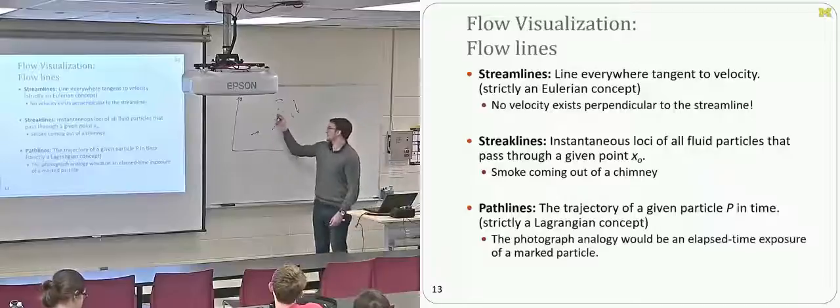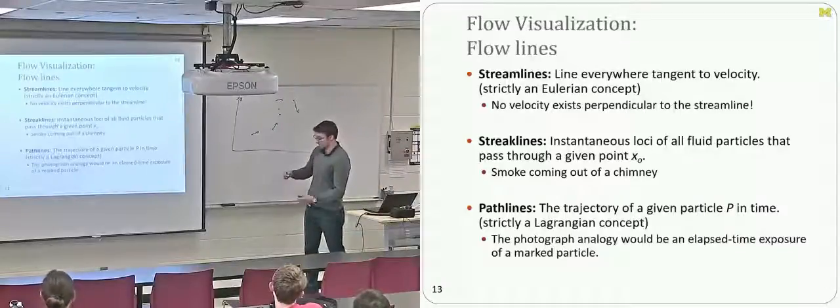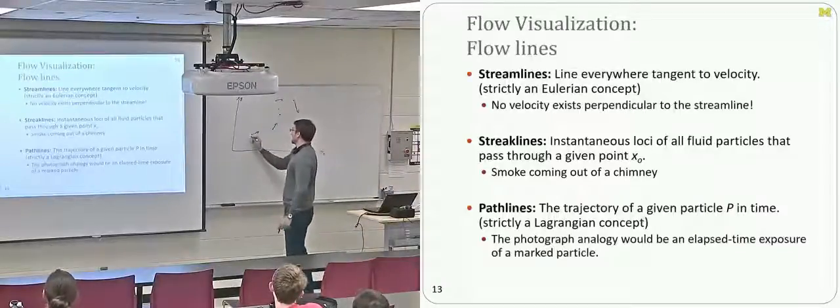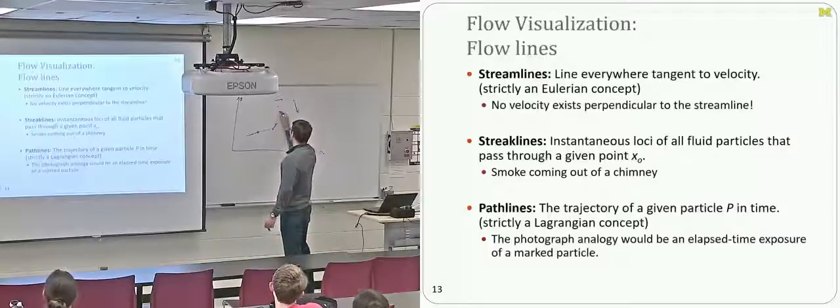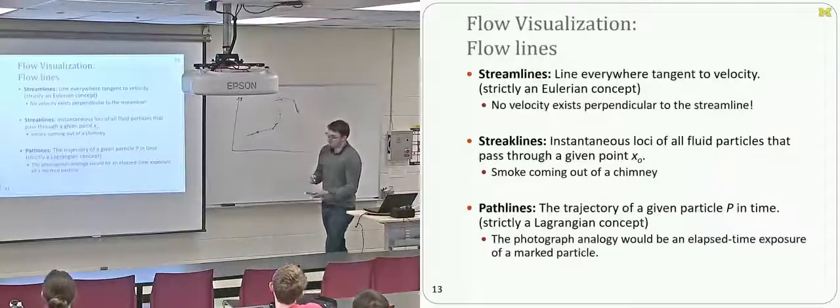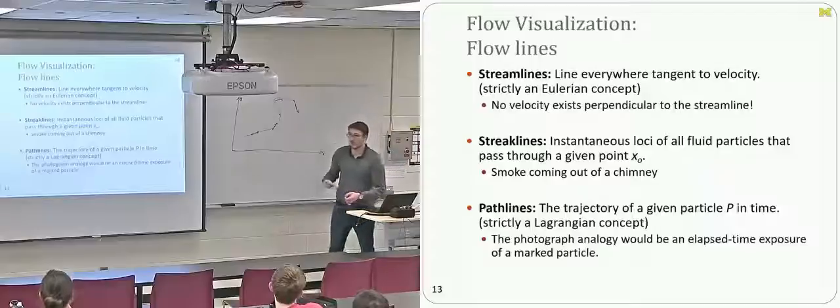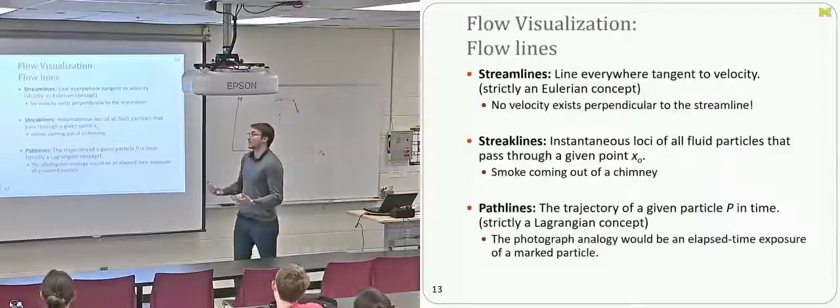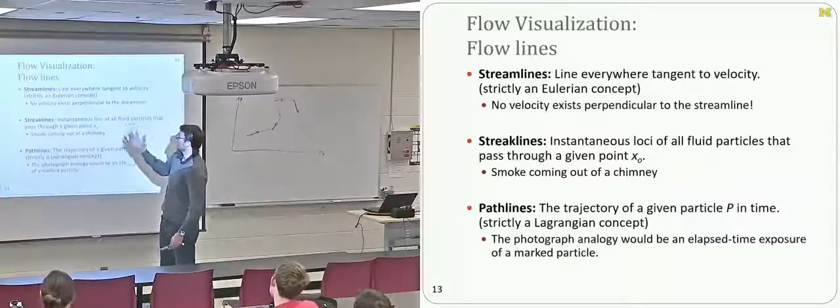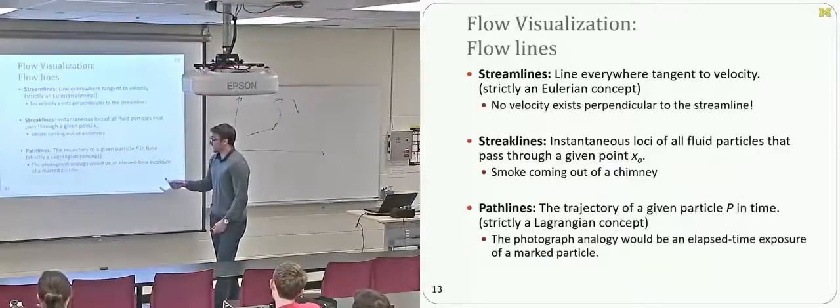That is, a fluid particle passing through these points will always be directed along one of these. Then the resulting streamline is just a matter of playing connect the dots. It's tangent to the velocity everywhere in the field, which means you have to know the velocity everywhere in the field to get a bunch of streamlines.